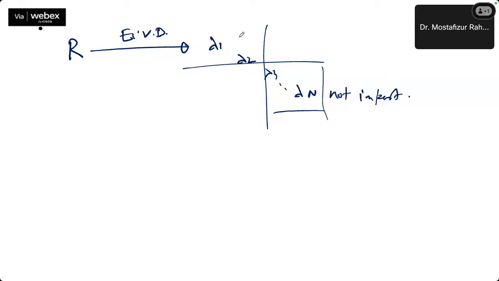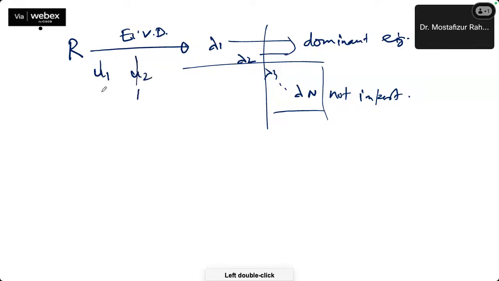These two values, lambda 1 and lambda 2, the dominant eigenvalues, you are considering, and accordingly you are taking U1 and U2, not all other U's, because they may contain only noise. This is only the energy information.